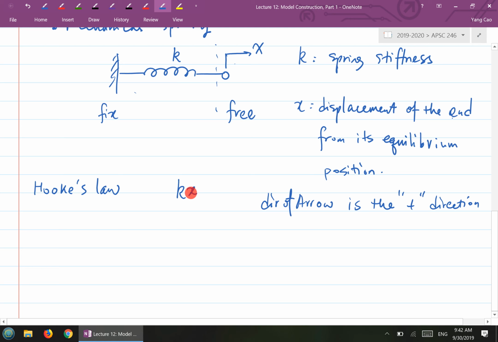But this force is in the opposite direction of the displacement x. So this is Hooke's law: F equals negative spring stiffness times x. This negative sign is very important. It's not just the magnitude of this force.